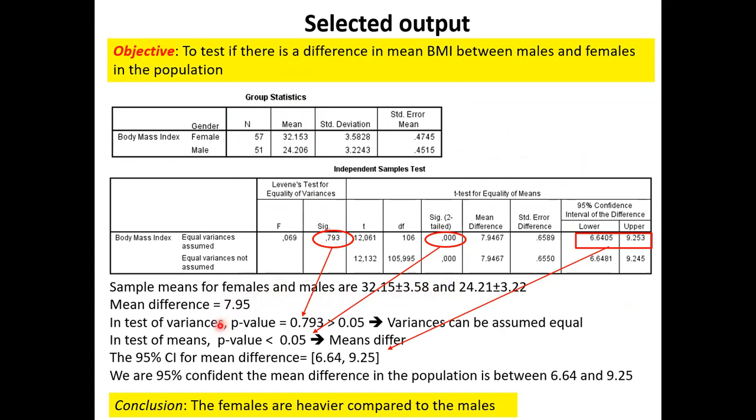That's the variance test. The variances are equal. So the p-value means a difference. How much difference? The 95% confidence interval. So that's the conclusion. Anybody cannot do this?